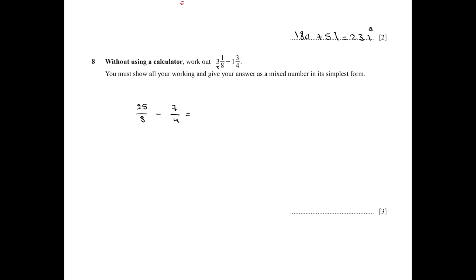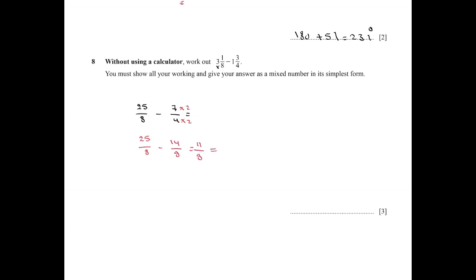We have to find the common denominator here. We can multiply the next fraction by 2, 25 over 8 minus 14 over 8. 25 minus 14 is equal to 11 over 8.